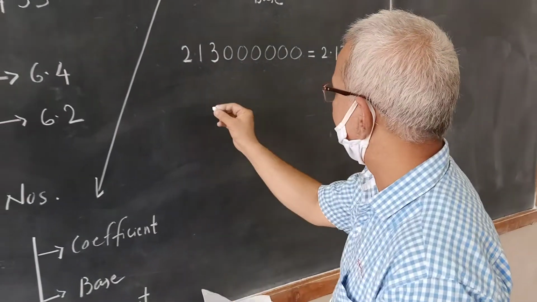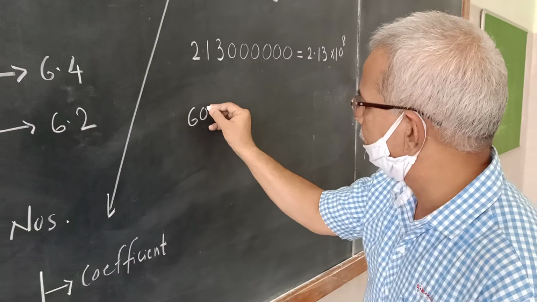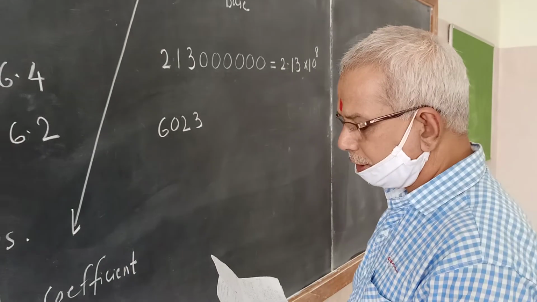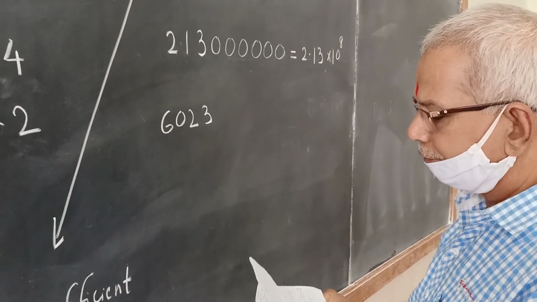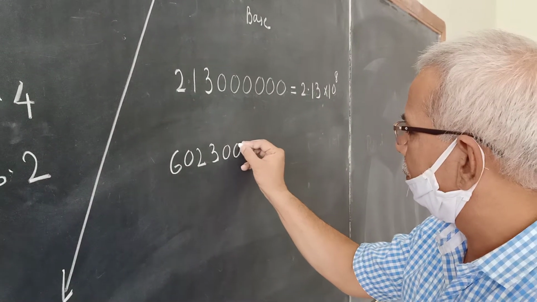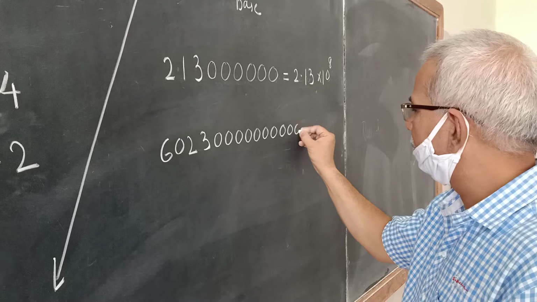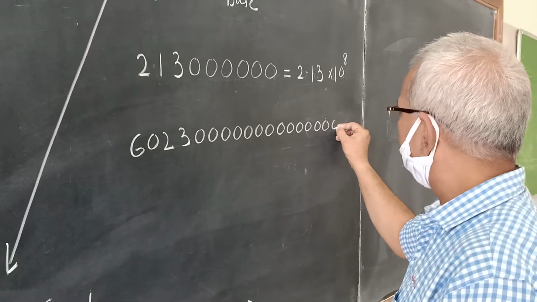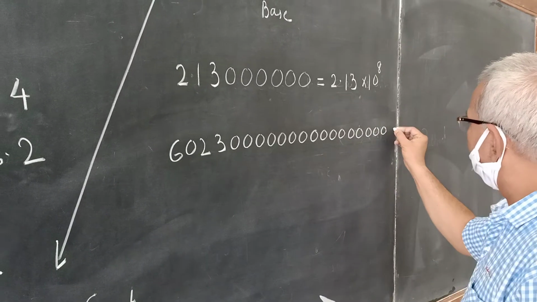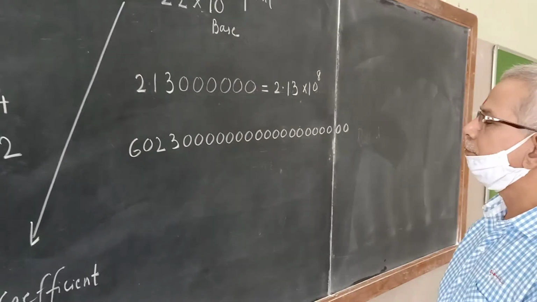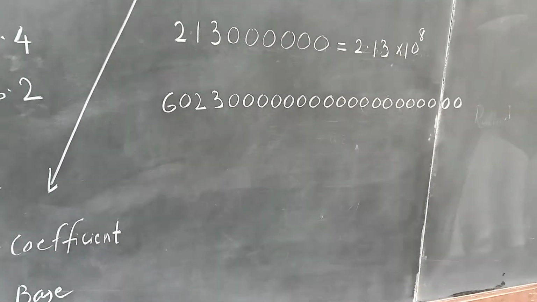Second example, 6023... Now here I have to represent, see, what a huge number.